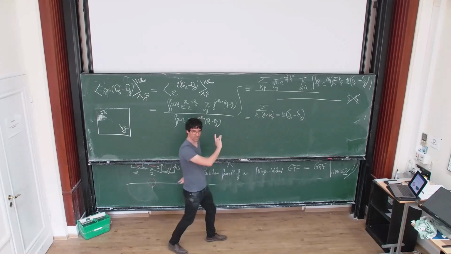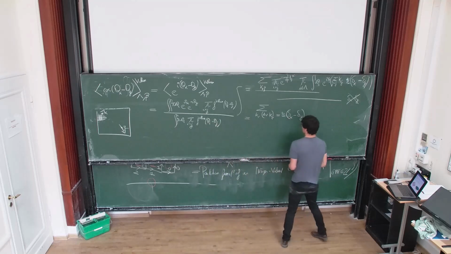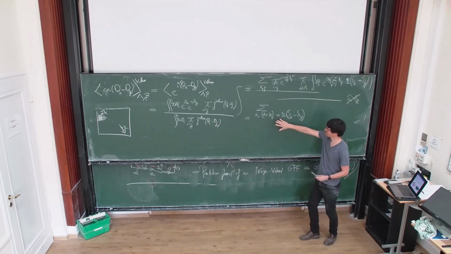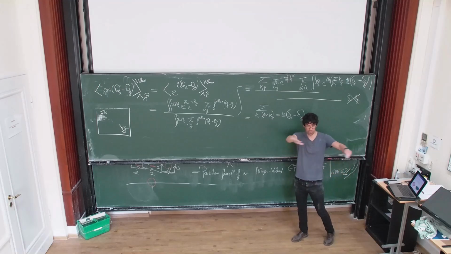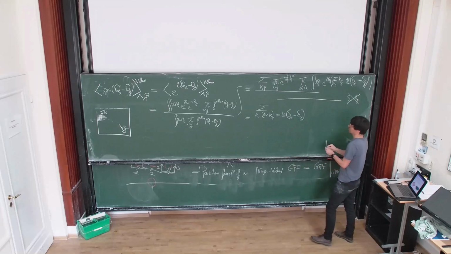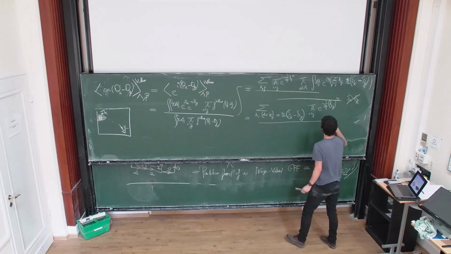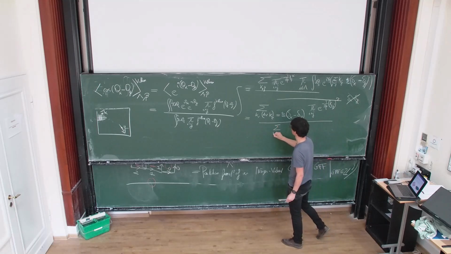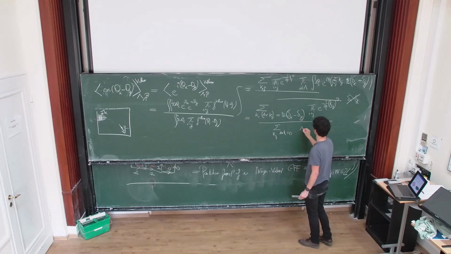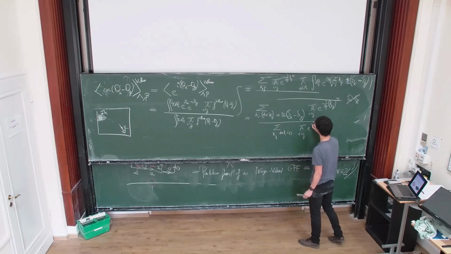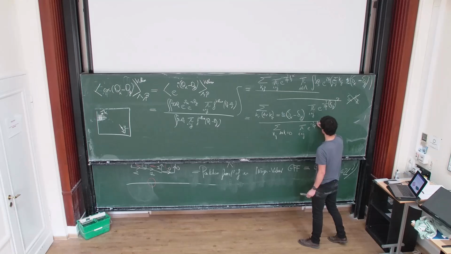I'm not summing over the two altogether. So I'm summing over all the one-forms that are perfect dual of an integer-valued function, except there is a tiny problem at x and a tiny problem at y. And then I have the product over i next to j of e to the minus 1 over 2 beta chi ij squared, divided by the same sum where the divergence of k is 0 everywhere, with the product over i next to j of e to the minus 1 over 2 beta chi ij squared.